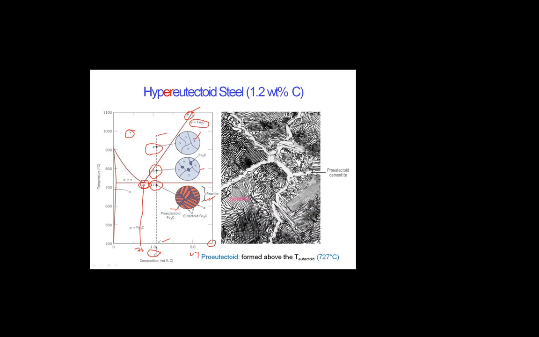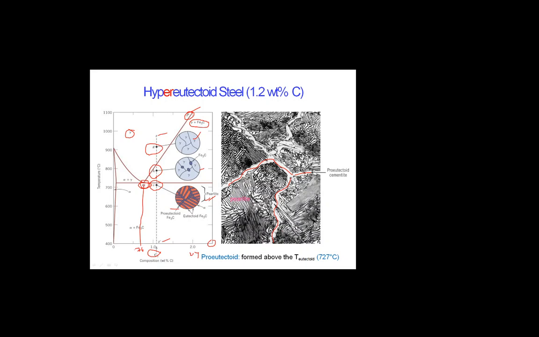This micrograph shows 1.4 weight percent of carbon, and the light section you can see here is the pro-eutectoid cementite that formed after cooling, surrounding the pearlite.